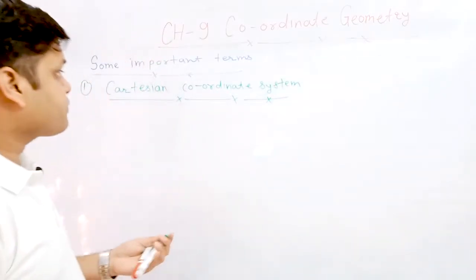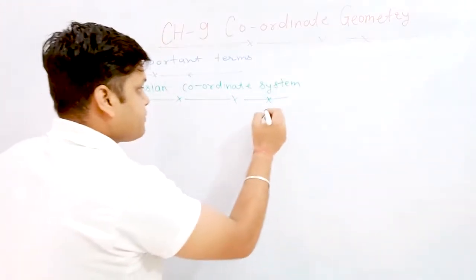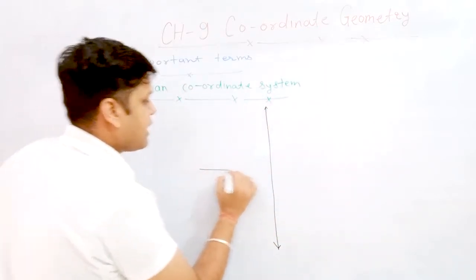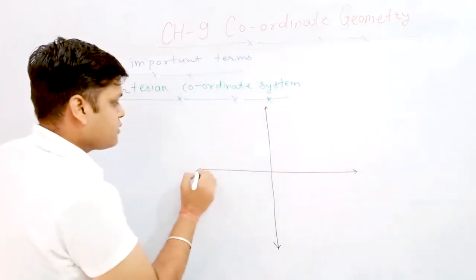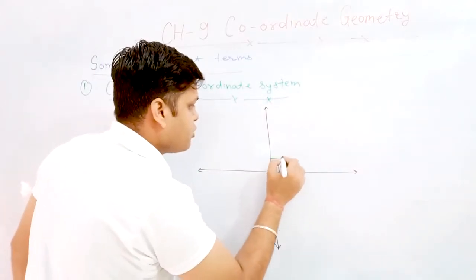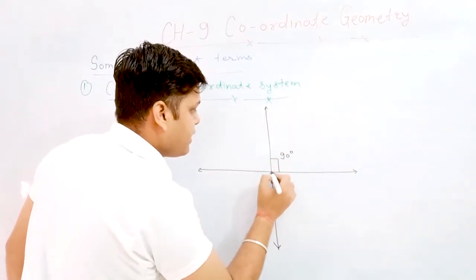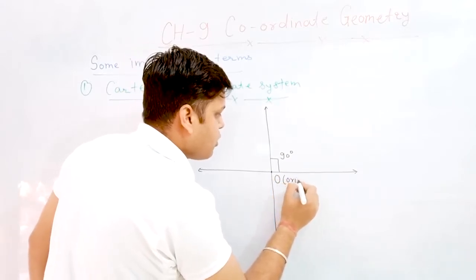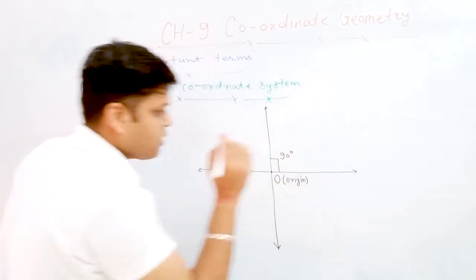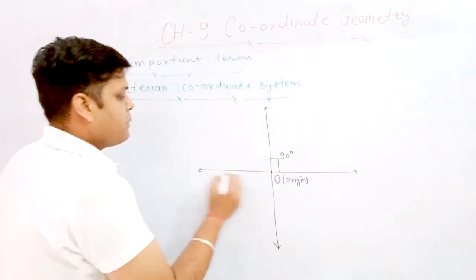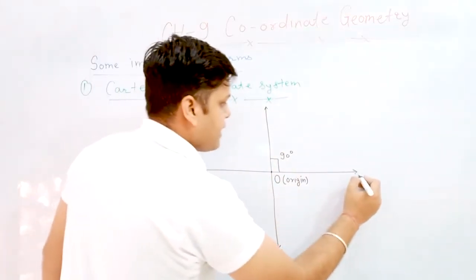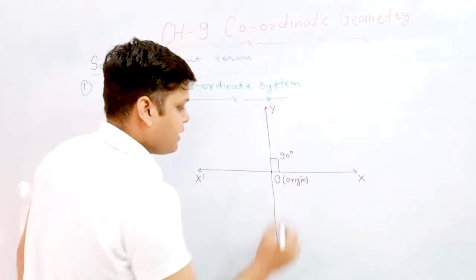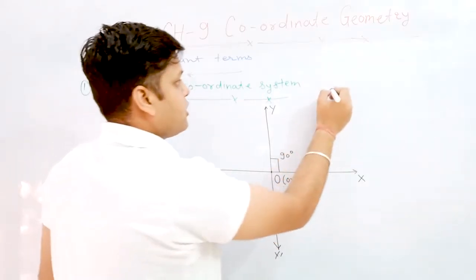So first of all, we understand it. There are two perpendicular lines like that, which are perpendicular to each other at 90 degrees. And this point of intersection is known as O, which is the origin. And we represent it like that: x, x dash, y and y dash. So here are two lines.